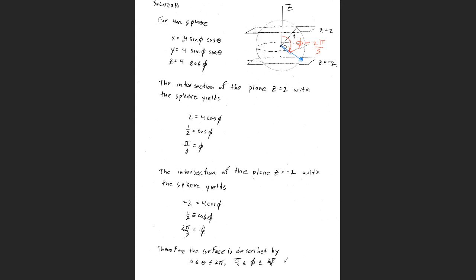But remember what we're looking for here in this problem. Okay. We want a parametric representation for the part of the sphere that lies between the planes. So that means we want the part of the sphere that is this part of the sphere, right?